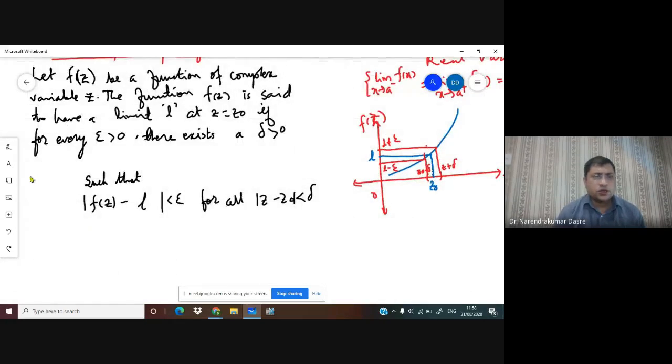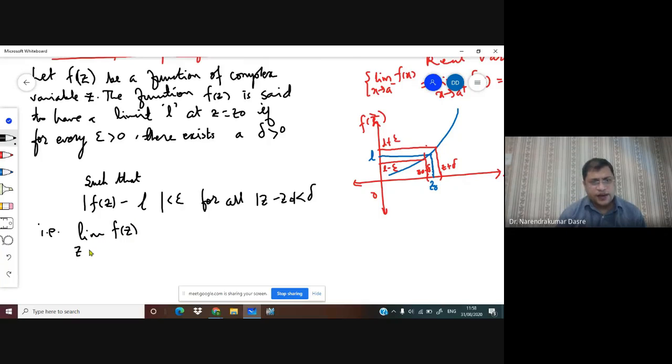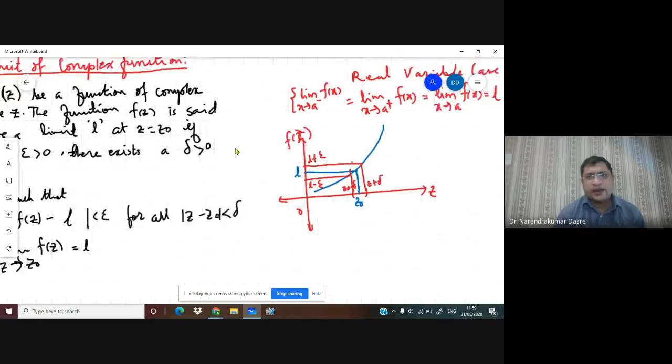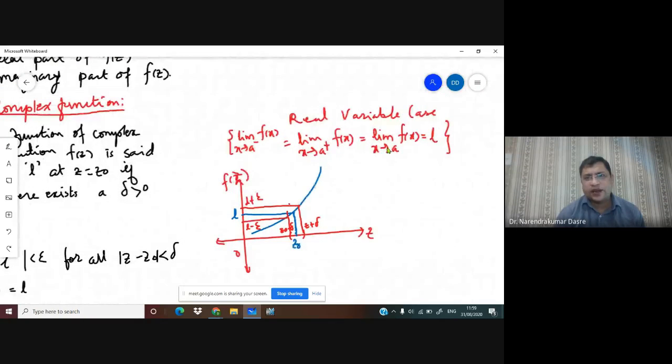So this we can write in an easy way as the limit of f of z as z tends to z0 is equal to L. This definition we simply write as limit z tends to z0 f of z is equal to L, as we write in the case of the real variable.